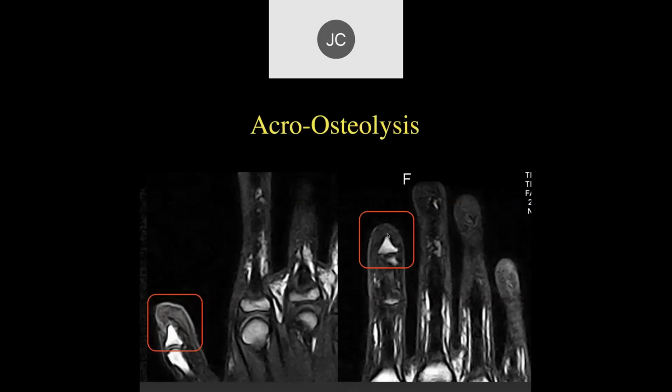So what's the differential diagnosis of acro-osteolysis? I think it can be seen with scleroderma. Some kind of, I think, endocrine disorders, maybe parathyroid. Hyperparathyroidism.